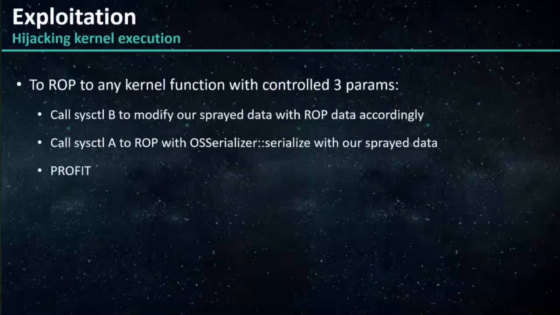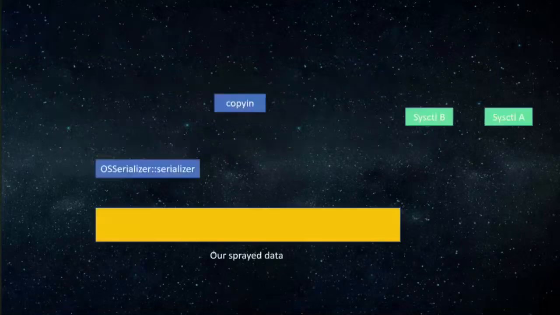So again, what I want to do to actually issue any call is call one sysctl to modify my data, call the second one to use my kernel resided modified data, and then we can ROP to any address we want. So the way it looks is, first of all, we have two valid sysctls.